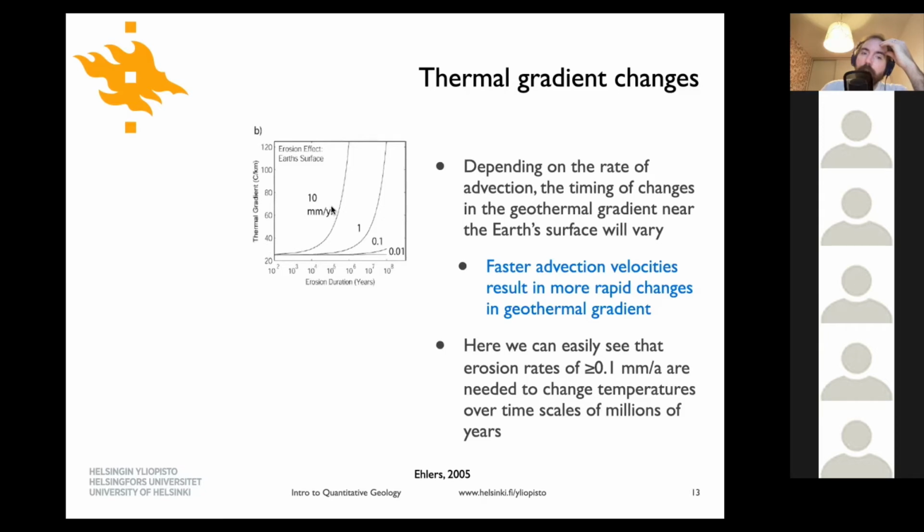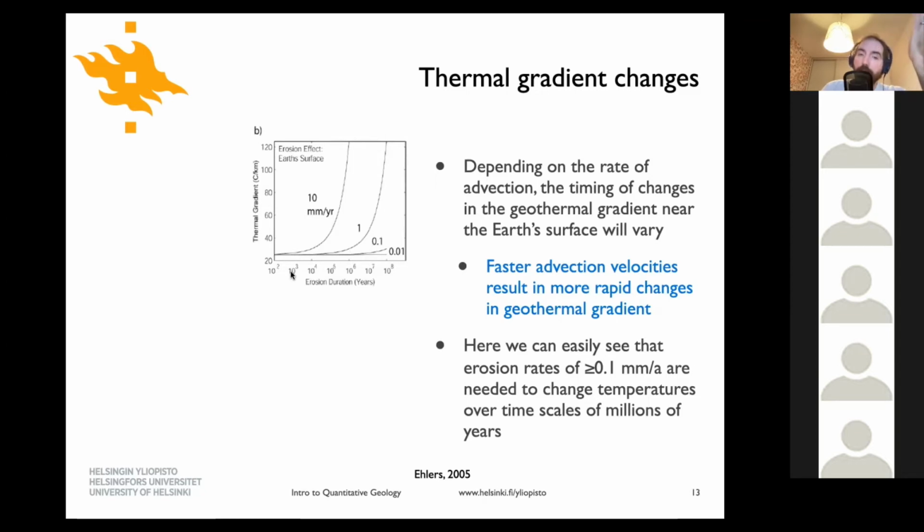So we can look at this in a few different ways. I'm not really going to worry too much about these figures because if you're interested, you can have a look at them yourself. But this essentially is just saying that for however long erosion's going on and whatever the rate of erosion is, whether it's 0.01 millimeters per year, 0.1, 1 millimeter per year, or 10 millimeters per year, this is just showing you how the temperature gradient would change after a certain amount of erosion.